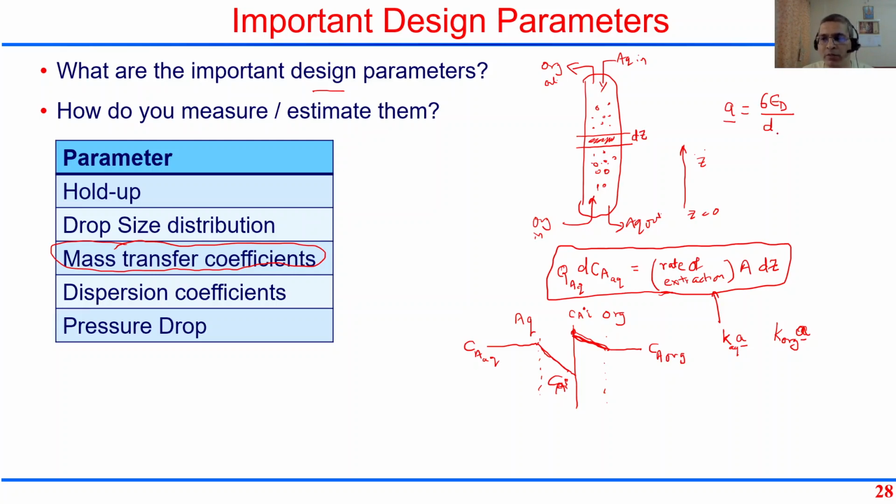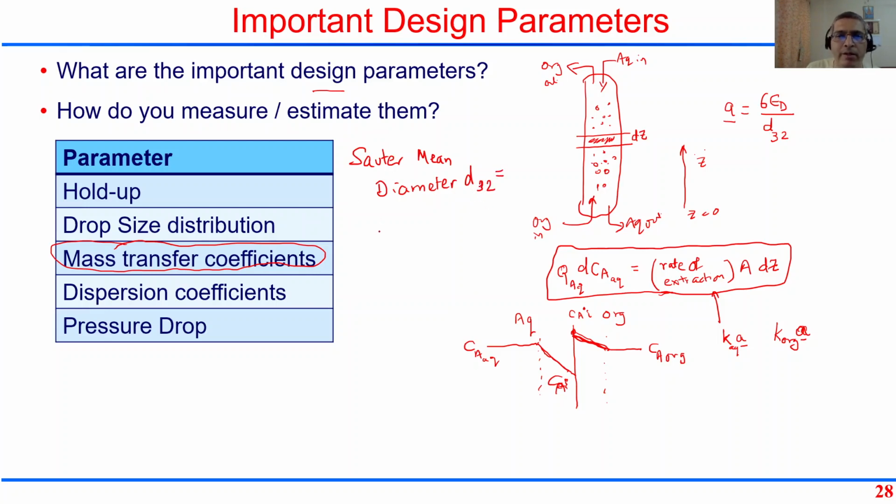If it's a distribution of drops, we generally take this as a Sauter mean diameter. I hope you remember what is meant by a Sauter mean diameter. It is denoted as D32. It's pronounced as 32, but it is actually D32.